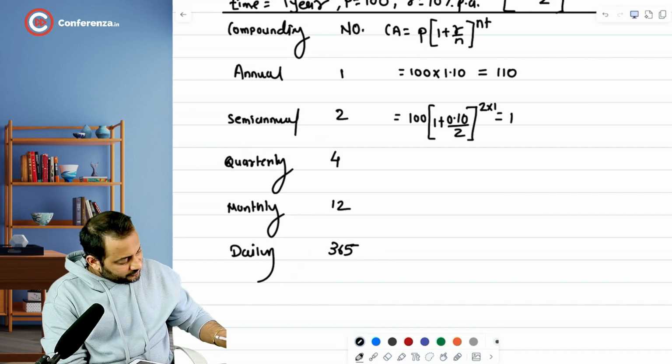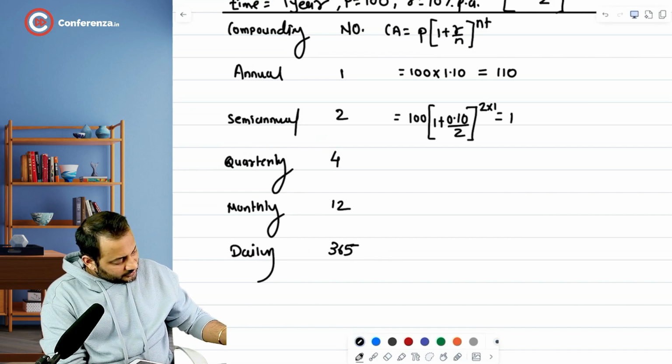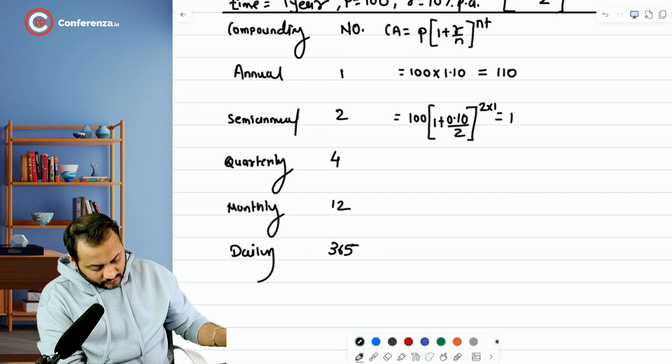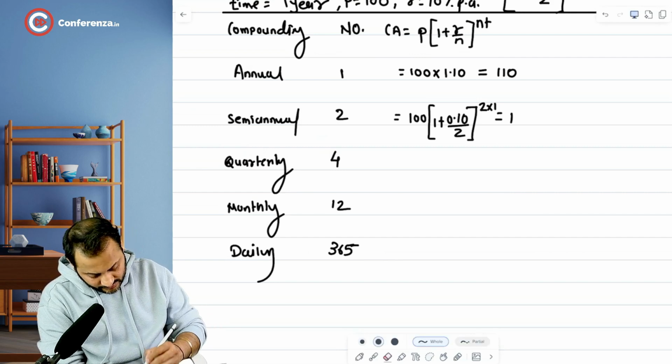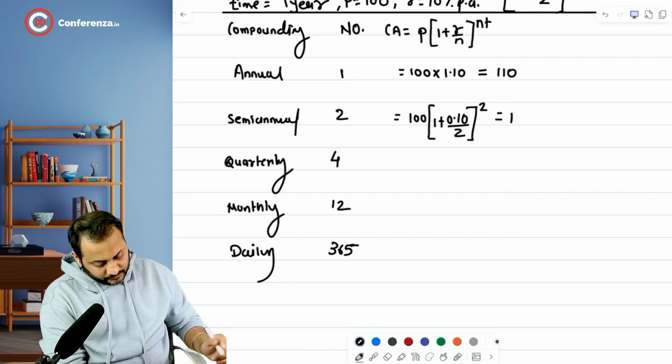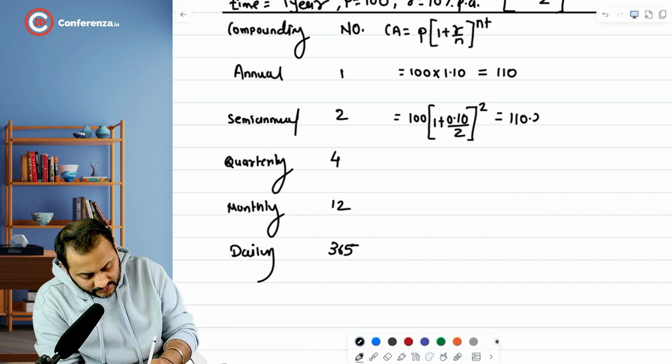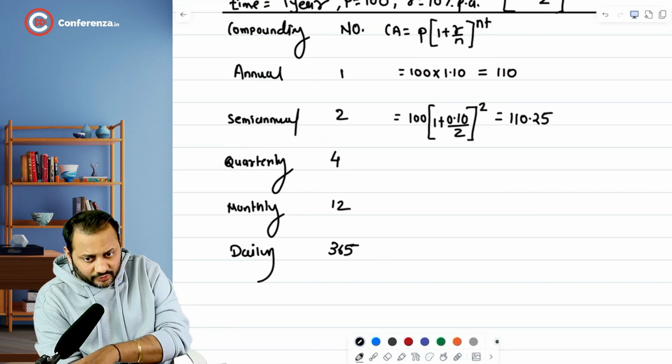So you will see 0.10 divided by 2 is 0.05 plus 1, and then we can calculate it. 1.1025. I will just skip this one. With 100, the answer will be, if you calculate, 110.25.